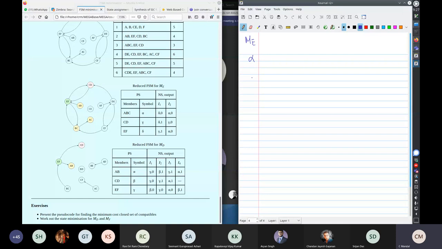You've got alpha, gamma, and delta. So you have 3 states, and you'll need 2 bits to encode those, right?